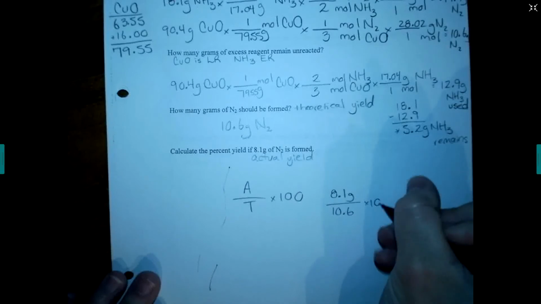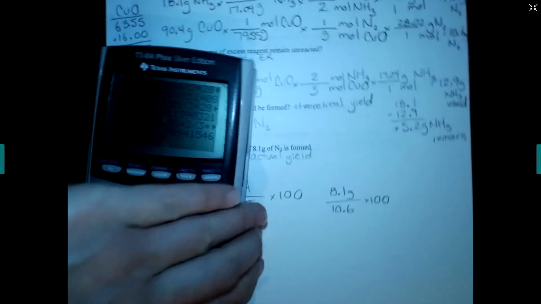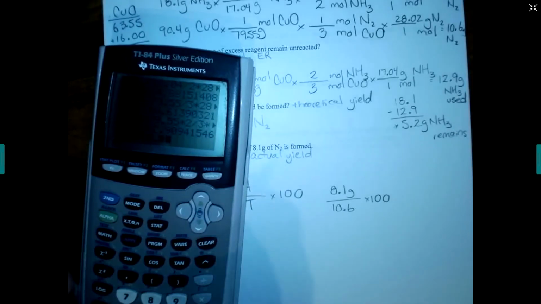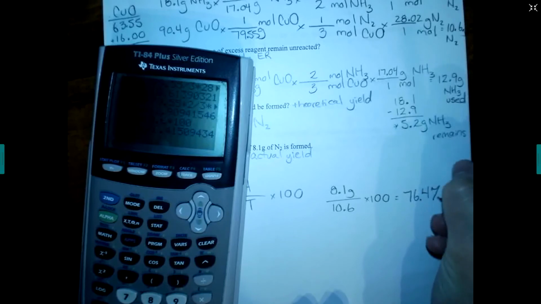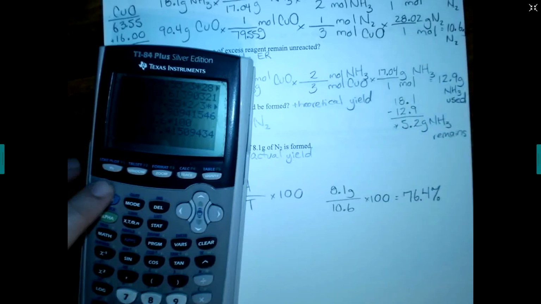The theoretical yield is 10.6. So I just need to divide those two and multiply by 100. And I get 76.4%. If we were doing a lab, that wouldn't be a terrible number, but we would want to get as close to 100% as possible.